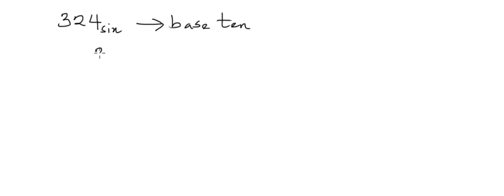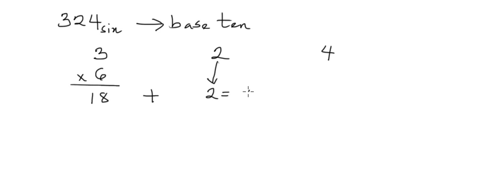We have 3, 2, and 4. What do you do? First, you multiply by the base. So 3 times 6 gives 18. Now when you have 18, you add the next number, 2, and that gives 20.